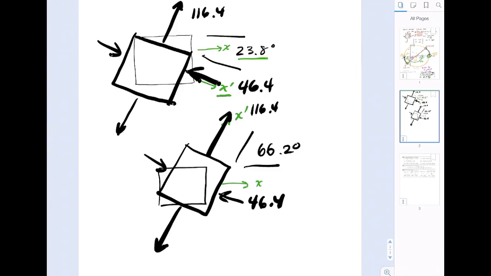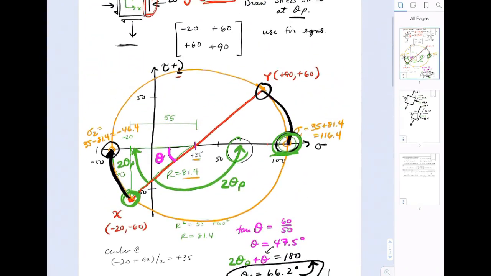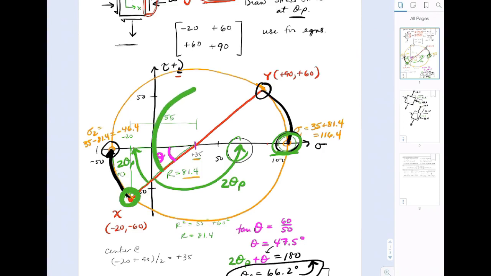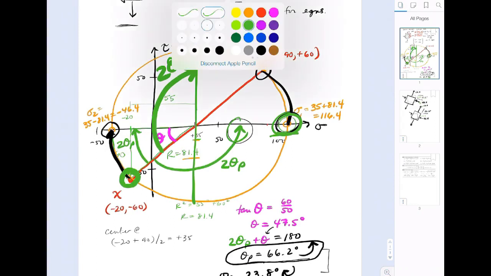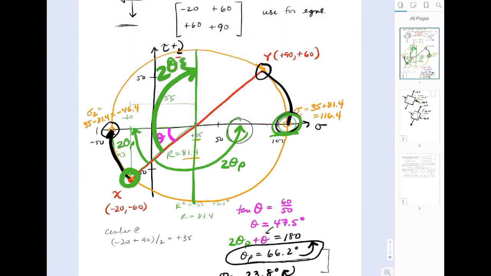Either rotation, either direction. And just to finish this, let's go ahead and find maximum shear stress, which would be R. To get to R, we're going to take that x point and rotate it to vertical, right to there. So that strike would be 2 theta S. Let's look at the geometry here.